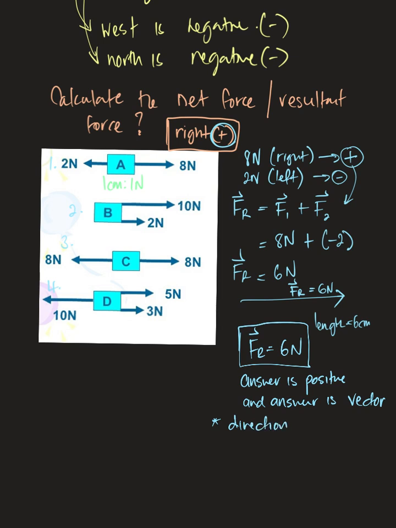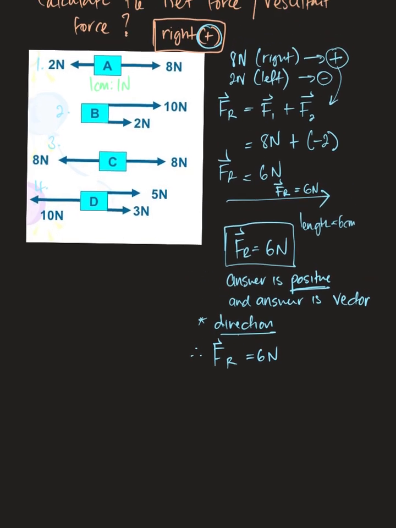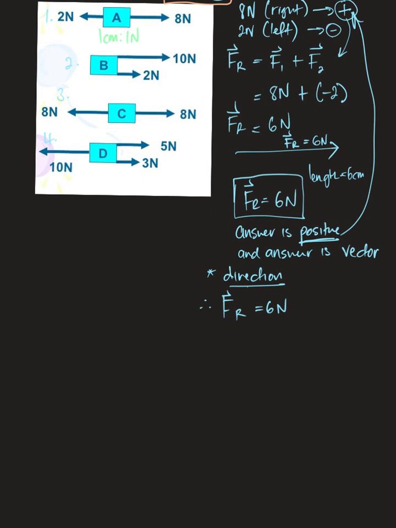So when I write my final answer out, I must say, therefore, the resultant force is equal to 6 newtons, and because it's positive, it's to the right, isn't it? And because it's a vector, it must have this direction. So 6 newtons to the right, or you can say in the direction of motion.